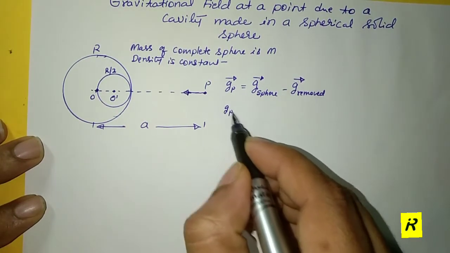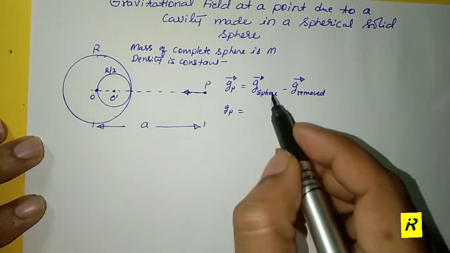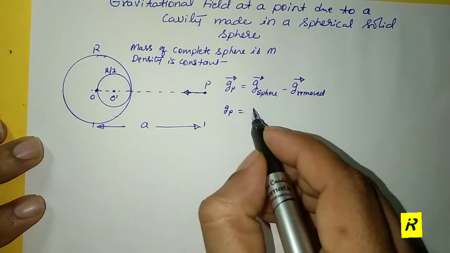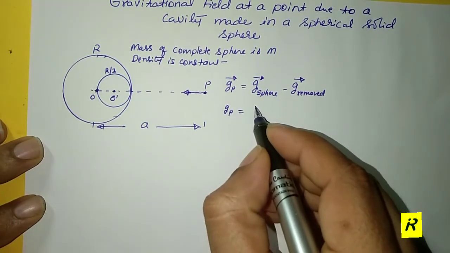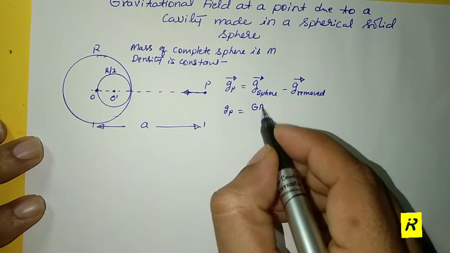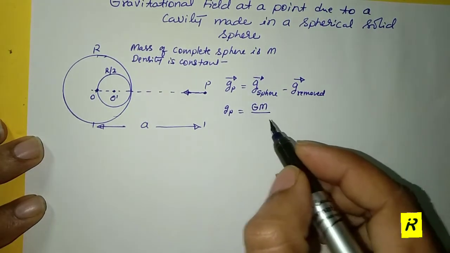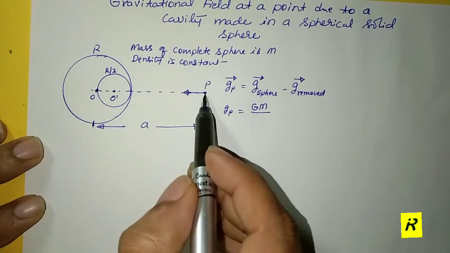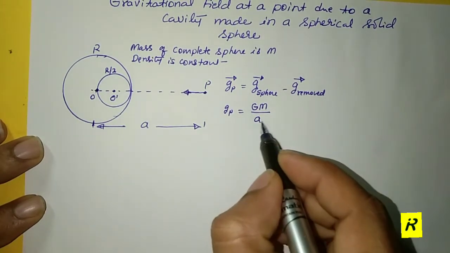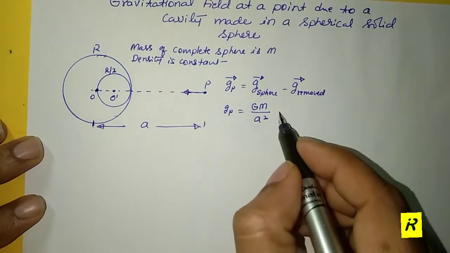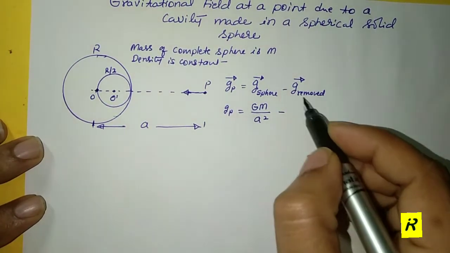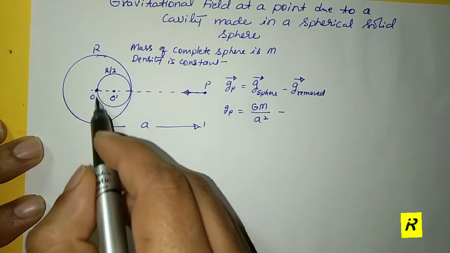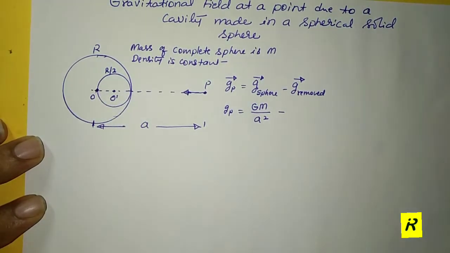That means Gp is equal to the gravitational field due to the complete sphere, which is given by G into M divided by the distance from this point, that is O, to P is a, so it should be a squared, minus the gravitational field due to the removed mass, what you are seeing here, so that should be calculated.